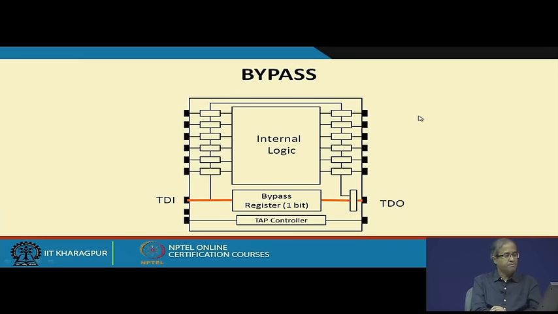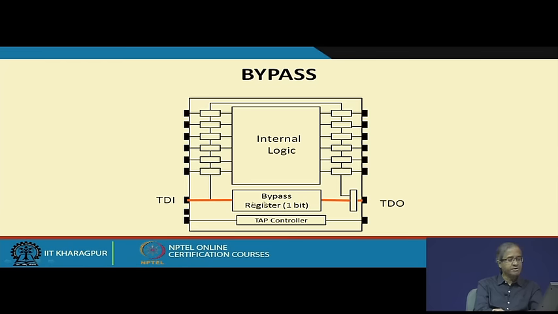Then comes the bypass mode. Bypass mode is fairly simple. There is a bypass register I mentioned. Bypass register is just a single flip flop, it is a 1-bit register. In the bypass mode, whatever I am feeding in TDI does not go to the boundary scan cells.